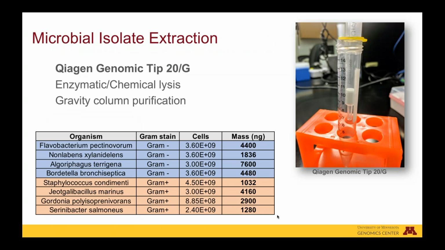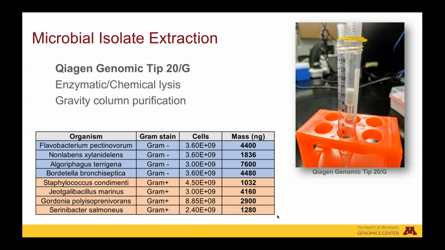Extraction is critical for long-read sequencing, and because the quality and size requirements are especially sensitive, the choice of extraction method can be difficult. In this case, I had isolates from all of these organisms as well as the community, and I extracted the isolates using the Qiagen Genomic-tip system, which is a gravity-based column method that uses chemical and enzymatic lysis.